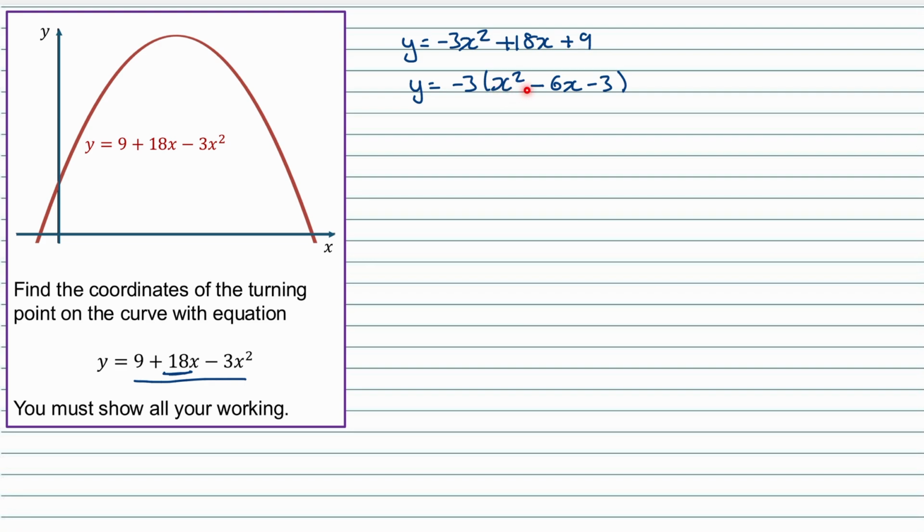We can rewrite this quadratic in completed the square form. So y will equal negative 3. And then to complete the square of this quadratic, we need to halve this value of negative 6. So we'll get x minus 3 all squared.